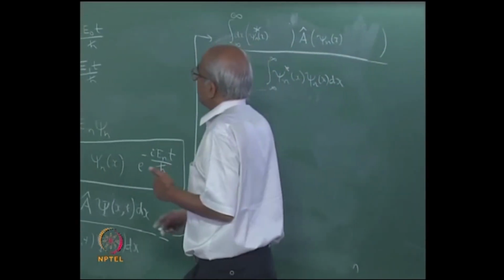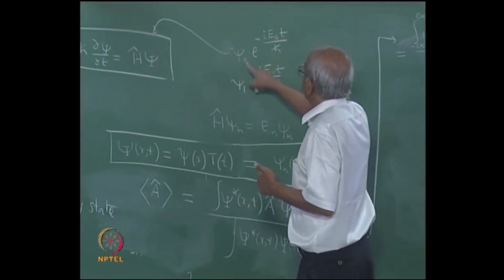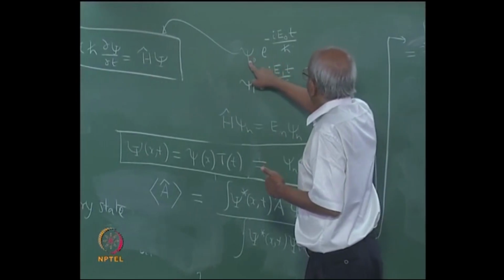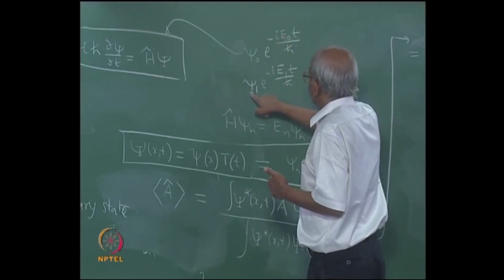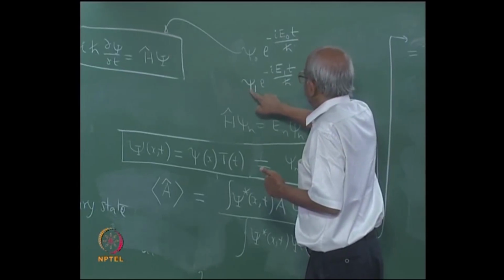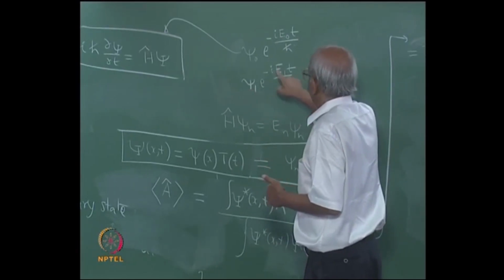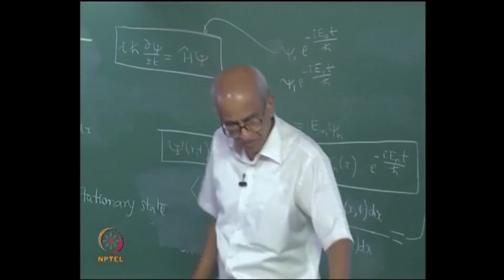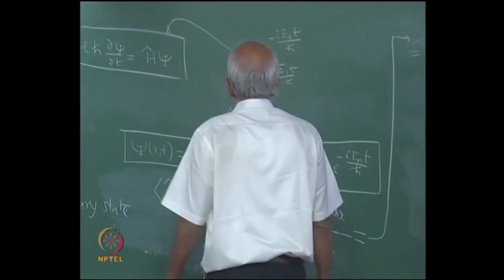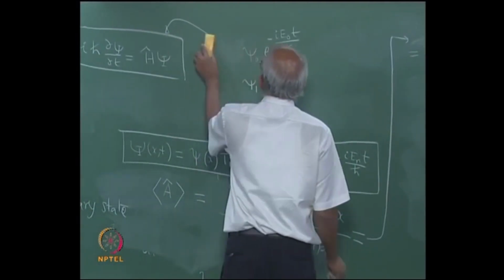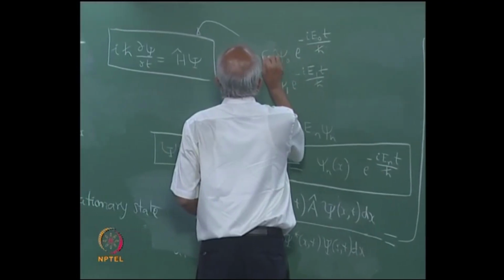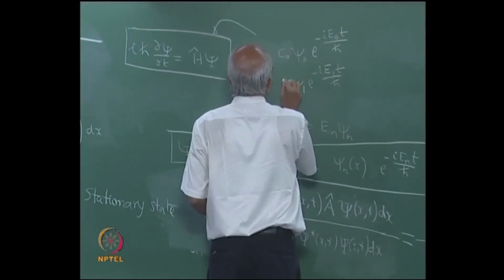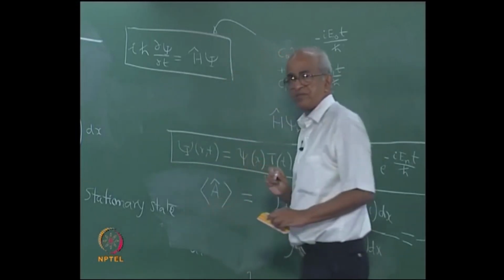So, now suppose I have one eigenfunction which I shall call psi 0 having the eigenvalue E 0, and another eigenfunction which is psi 1 having the eigenvalue E 1. Now, it is actually possible for me to multiply the first by some constant C 0, the second by some other constant C 1, and add the two together.